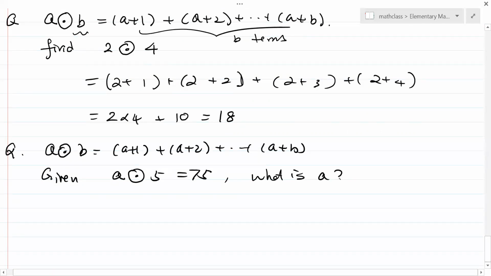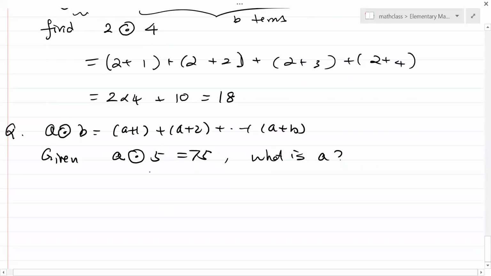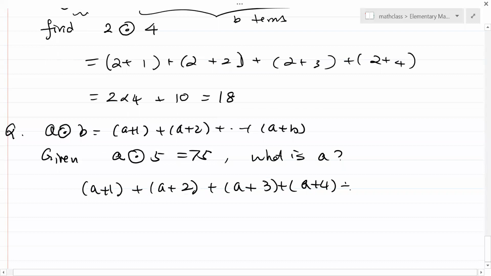That's an inverse problem. We call it an equation. First of all, you have to write down the form. 5 represents the number of terms. You have 5 parentheses there, right? So that means you have A plus 1, A plus 2, A plus 3, A plus 4, then A plus 5. That's supposed to be 75. And we have to figure out what is that number A.